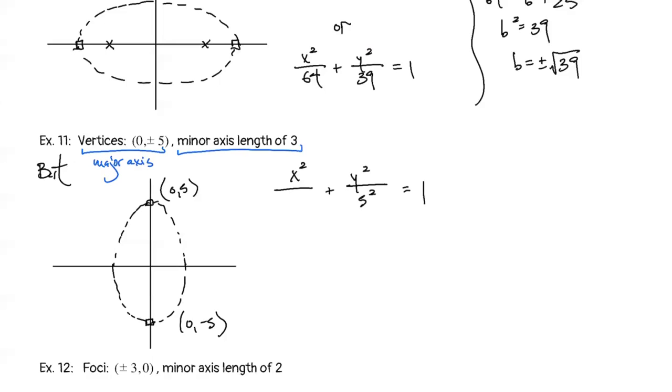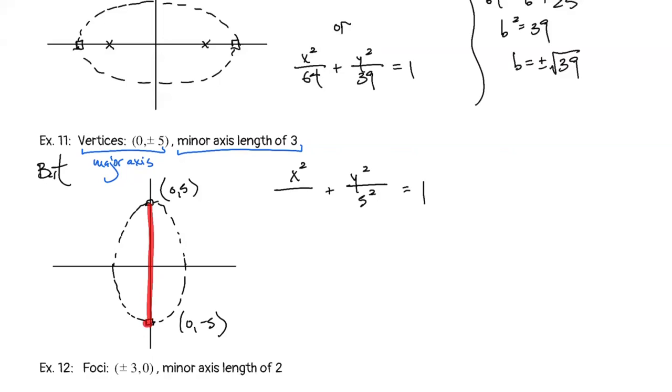Now I want to be really careful here about our language. When I say major axis, I would tell you that the major axis has a length of 10. How many people here thought I was going to say 5? The major axis has a length of 10.